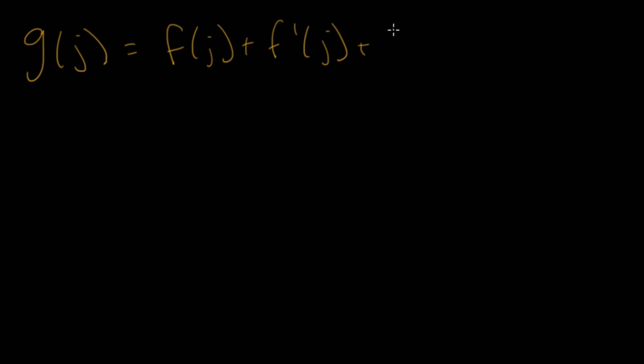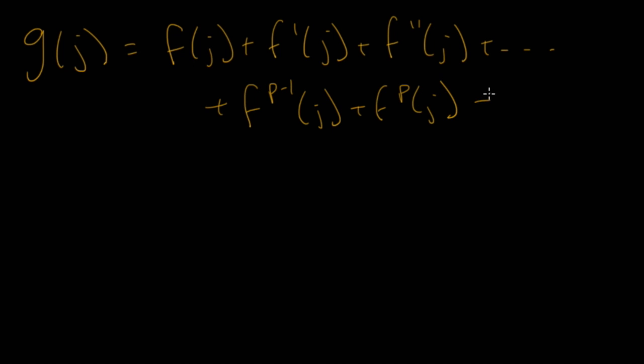What we can conclude from all this is something about g of j, because this is going to be equal to f of j plus f prime of j plus f double prime of j plus up to f to the p minus 1 of j plus f to the p of j plus f to the r of j.